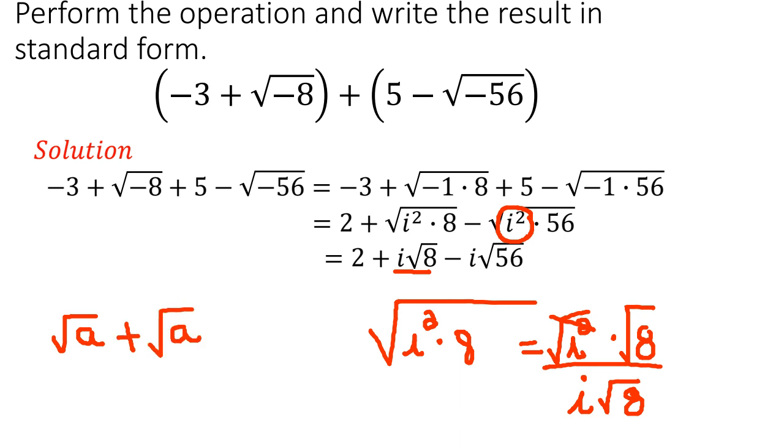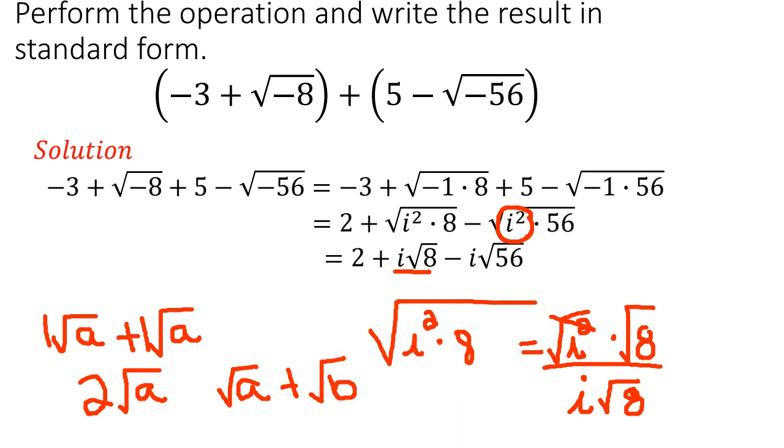If they're the same, then we just add the numbers in front. So 1 plus 1 is 2 square root of 8. If they're different, like square root of 8 plus square root of b, then we cannot add these two radicals because the radicands, which are the inside, are not the same.